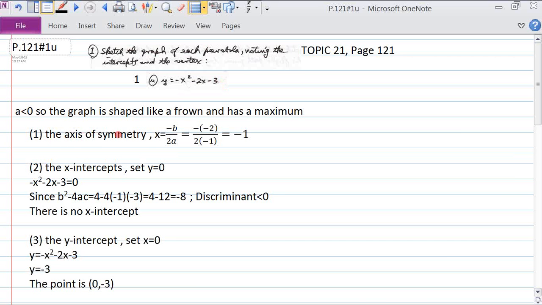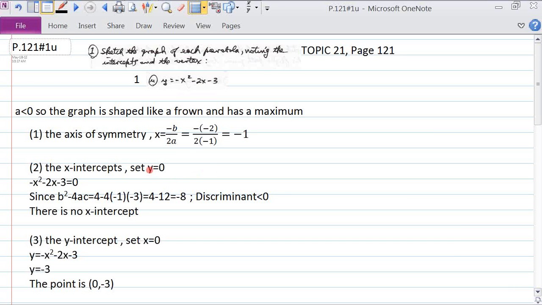First thing we do is, as we've done before, calculate the axis of symmetry, minus b over 2a. b is minus 2, so minus minus 2 over 2 times the coefficient of x squared, which is minus 1, a is minus 1. So we have plus 2 over minus 2, which becomes minus 1. So the axis of symmetry is x equal to minus 1.